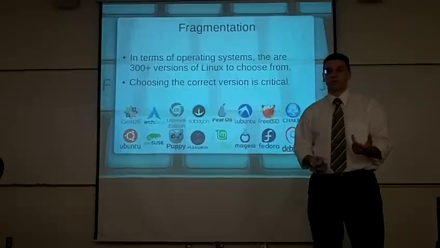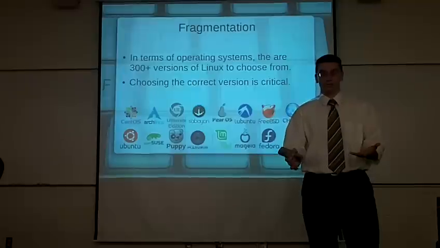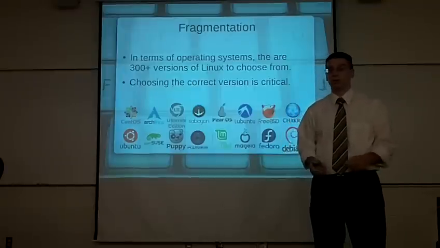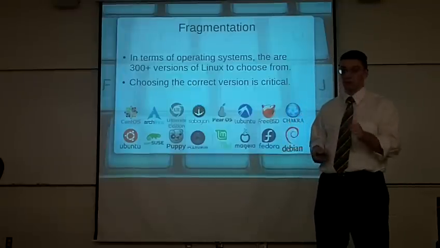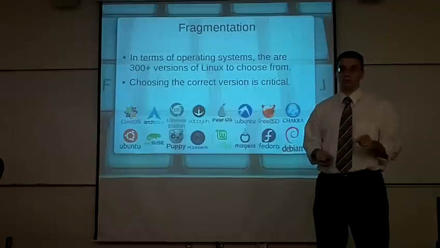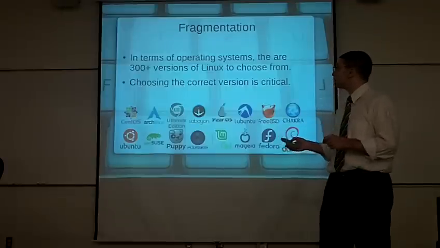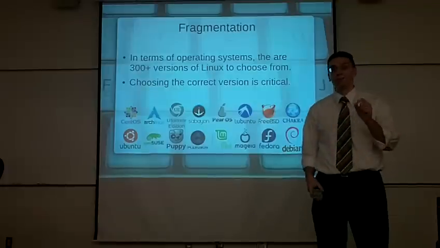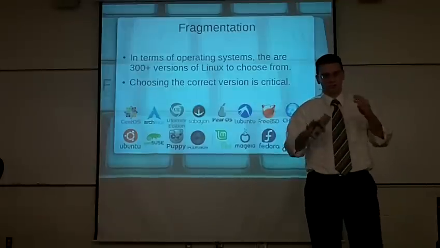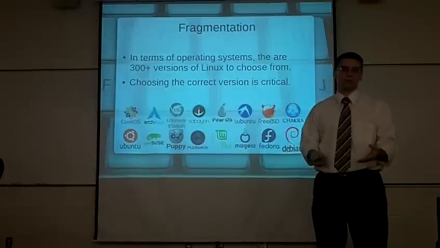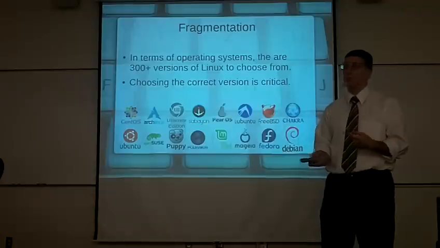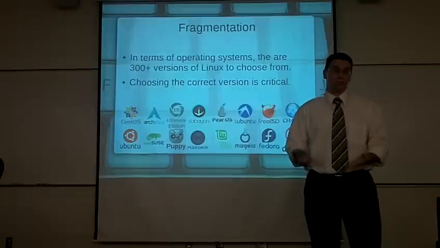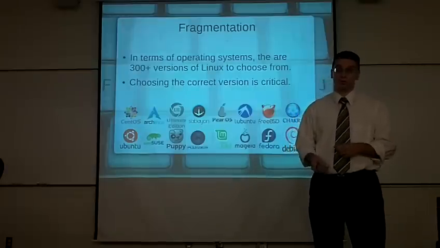People could consider LibreOffice and OpenOffice an example of fragmentation, but probably one of the biggest examples is Linux itself. There are over 300 different versions of Linux. There's probably many more, but that's about how many you'll find on distrowatch.com. And these logos down here are just some of the more popular ones that you'll find on DistroWatch.